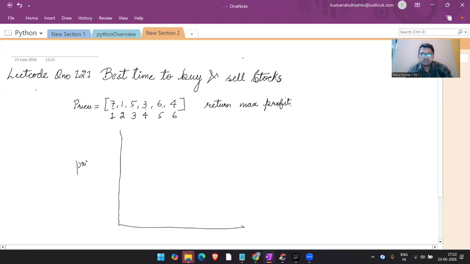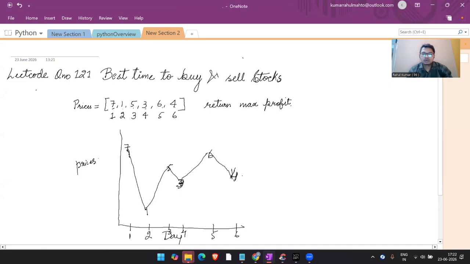As we can understand with the help of the graph, this side represents price and this side represents day. So in the first day the price of the stock is 7, in the second day it becomes 1, in the third day it becomes 5, in the fourth day it becomes, no, it's 3, in the fifth day it becomes 6, in the sixth day it becomes 4, somewhere around here.